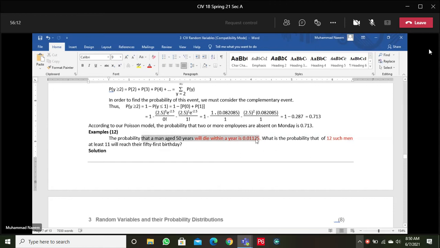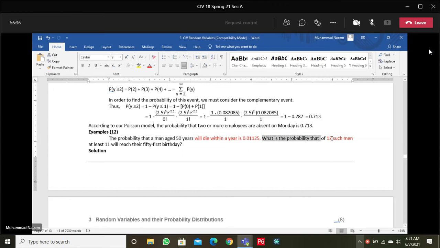This probability is given and the requirement is given: the probability that of 12 such men, at least 11 will reach their 51st birthday. The probability that a man aged 50 years will die within a year is given.